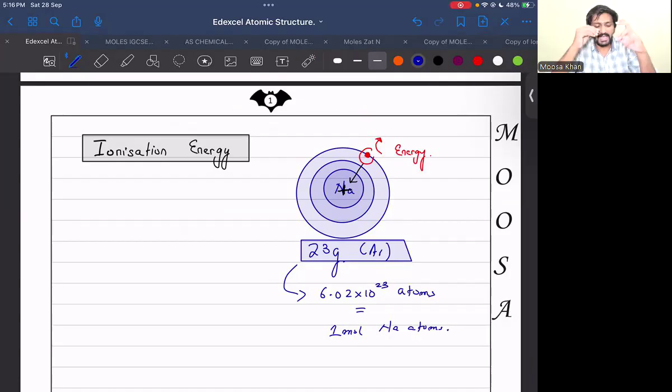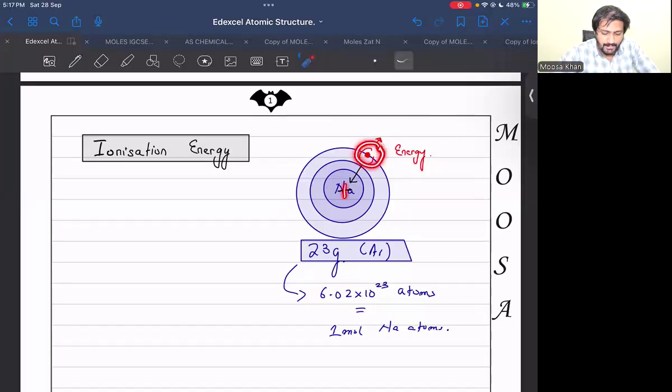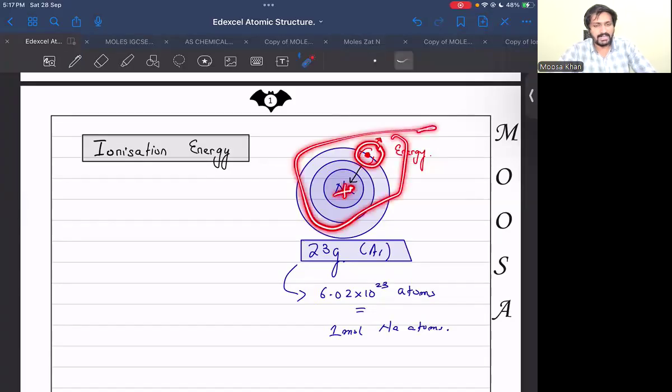Similarly, if I say I have to remove one electron, it would be very difficult to calculate. We can calculate it, but the values would be too small to manage. So we study all the values per mole of that substance. Removing one electron from one sodium atom is correct, but it is very impractical to calculate or measure.